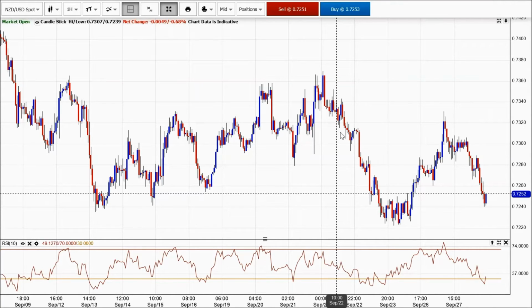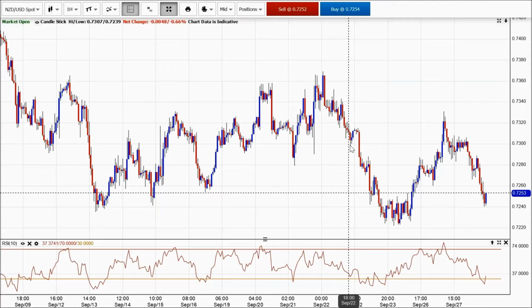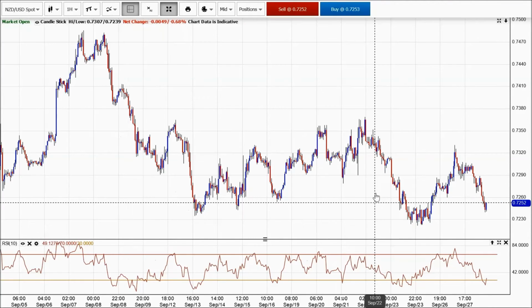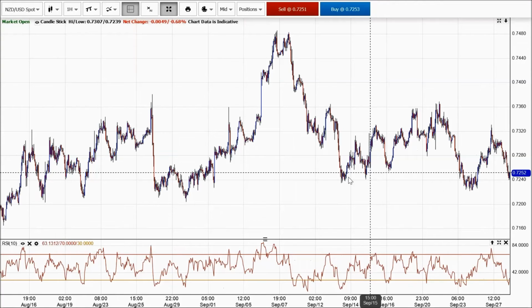On this day here it hit a high, but then spent the rest of the day in retreat, but it was fine, it hit the high. So I was looking for a buying opportunity, and I ended up buying roughly about here, where it is now, with a stop a little bit further away than we can see on this chart. There we go, a stop just the other side of 7,200. So I was a buyer at about 7,255 with a stop at 7,190, let's say. So I've got 65 points risk.